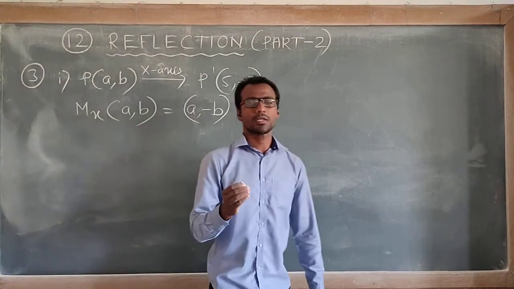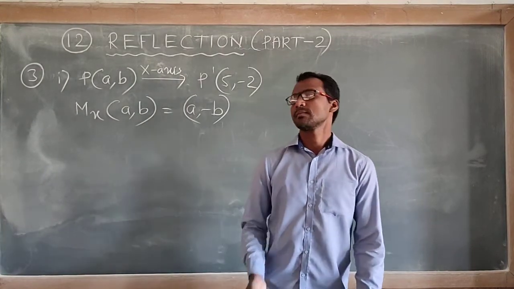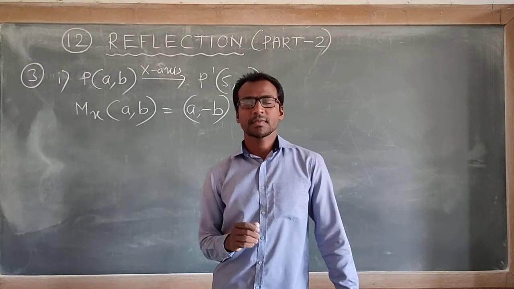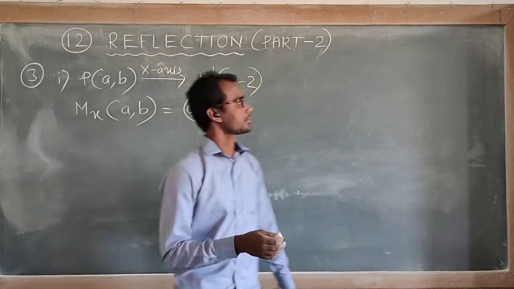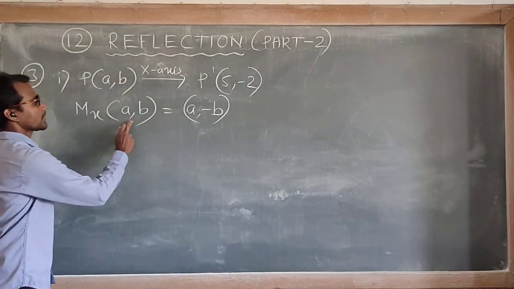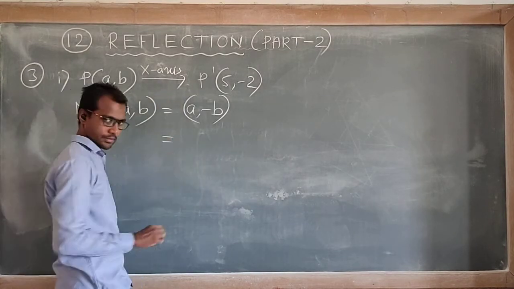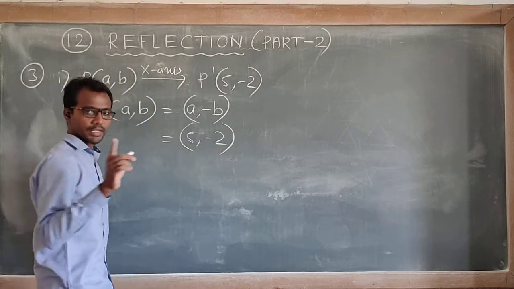When we reflect a point in the x-axis, its y-coordinate changes. When we reflect a point in the y-axis, its x-coordinate changes. When we reflect a point in the origin, both of its coordinates change. So A, B will become A comma minus B, and this is our P dash, which is 5 comma minus 2.